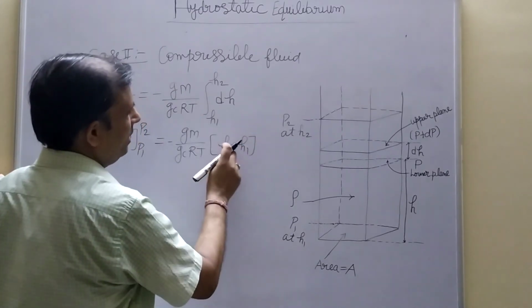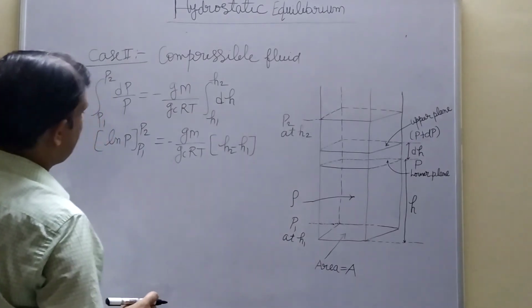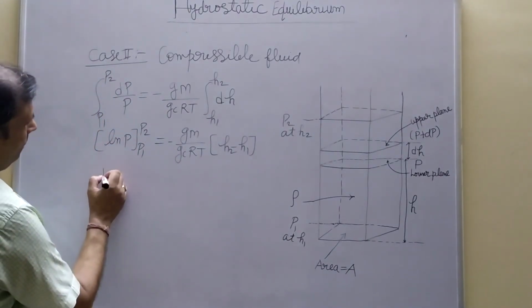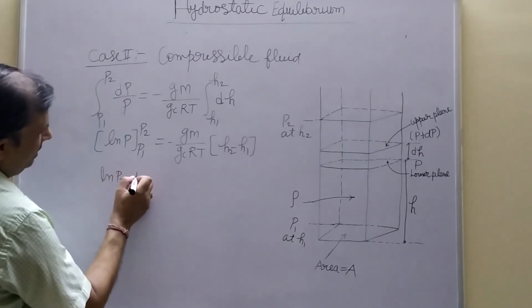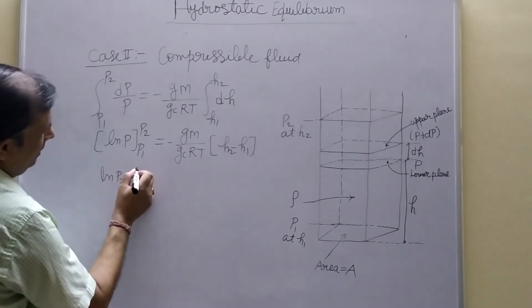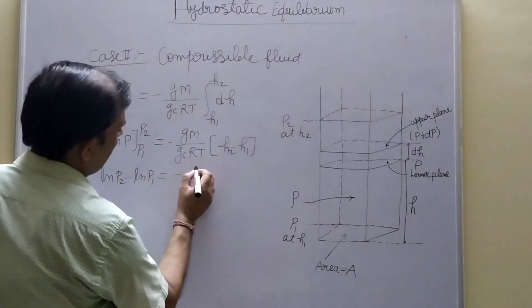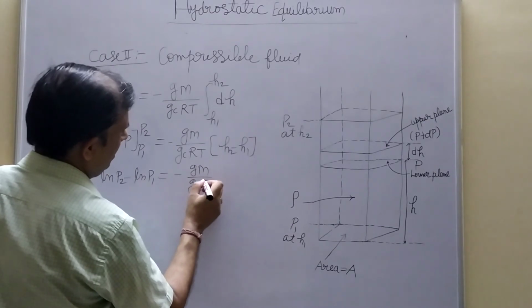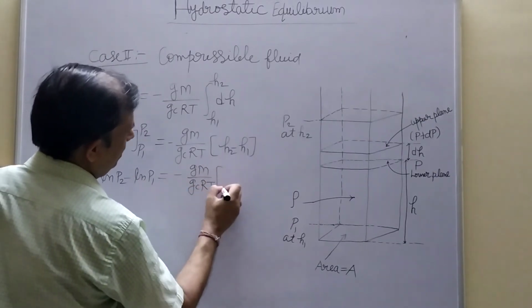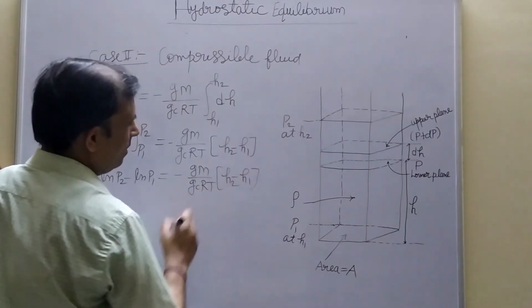This will give ln P2 minus ln P1 equals minus g M by gc R T times h2 minus h1.